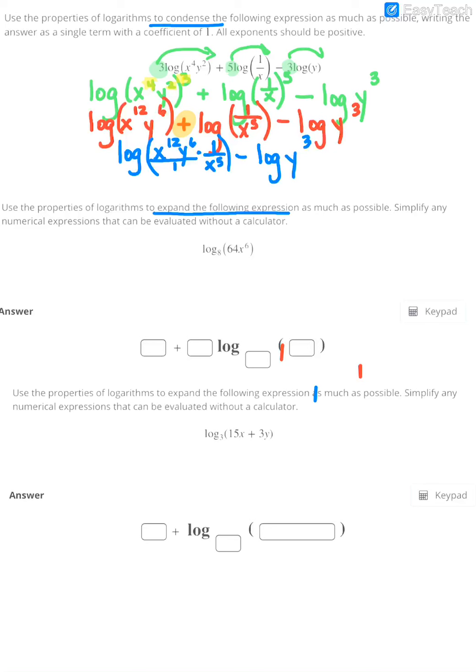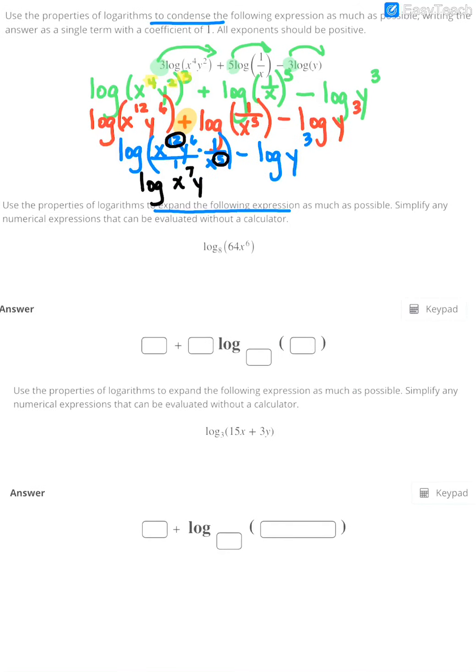So now, as I simplify this first expression, if you have powers of x on top and bottom, look to see where your highest power is, and the 12 on top is bigger than the 5 on bottom. So if we subtract, 12 minus 5 would leave us with x to the 7th on top. And then we still have y to the 6th on top, and then minus this log of y to the 3rd.